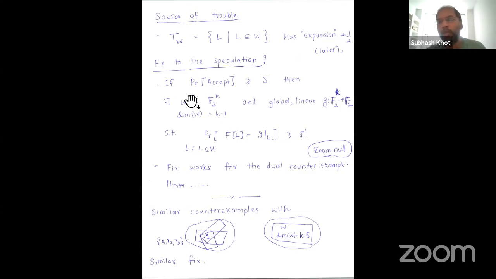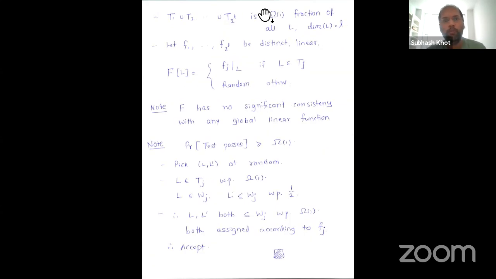And here again, we can try to get around this counterexample in the same manner. Let's propose that we are allowed to pick a hyperplane W and then focus only on those spaces L which are completely contained inside W. In this counterexample, it's clearly the case that you could pick any of these W1, W2, and so on. Say I pick W1, and I focus only on those spaces completely contained inside W1.